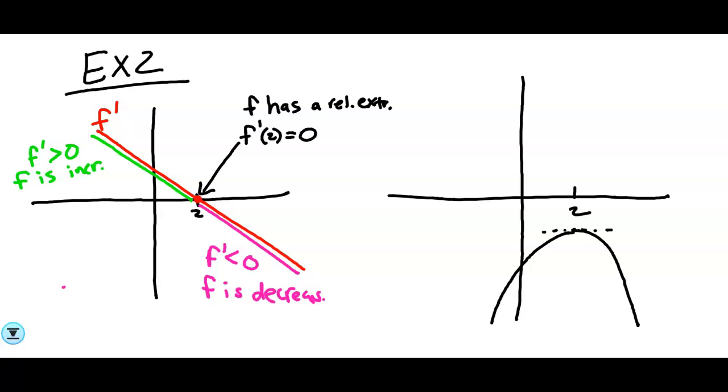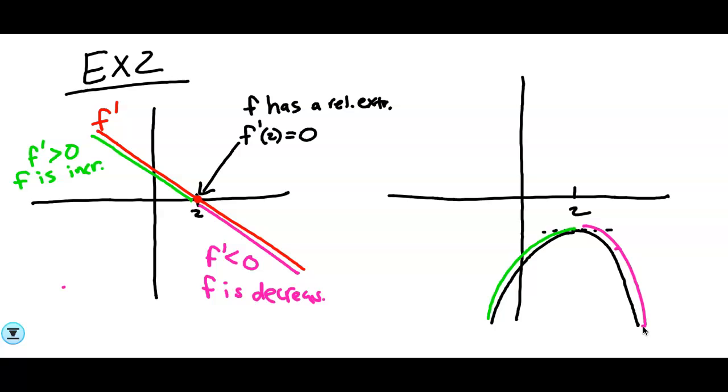So the green part over there matches over here, right? And the pink part over here, where it's below the x-axis, is where f is decreasing. Okay? And notice that the relative max is at x equals 2.